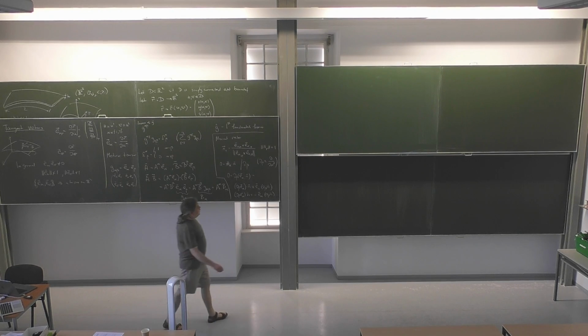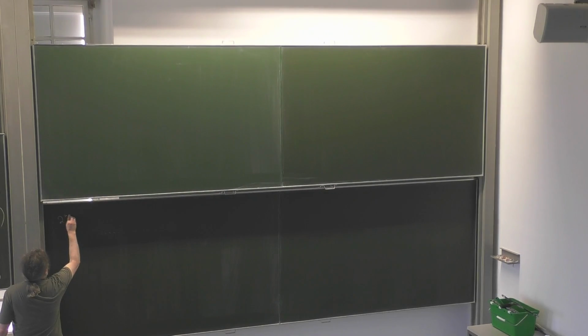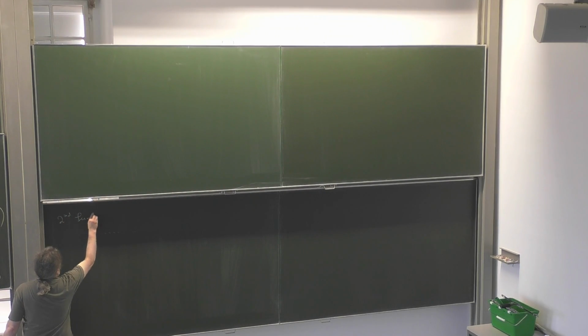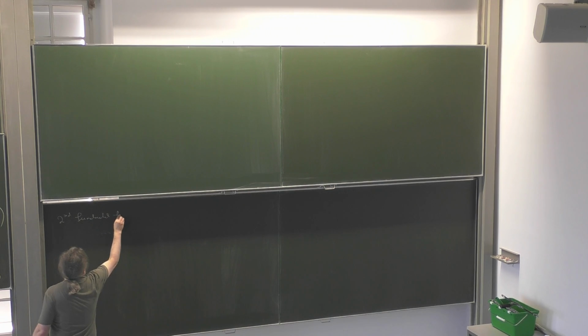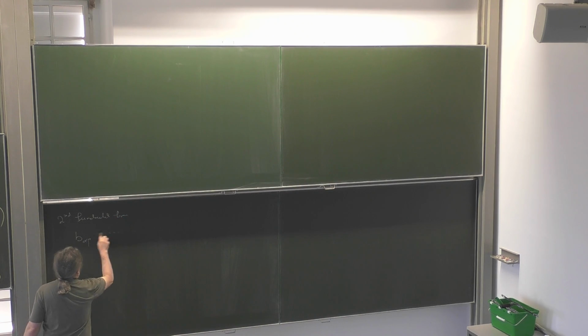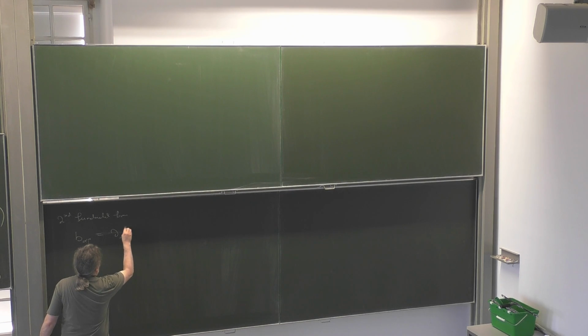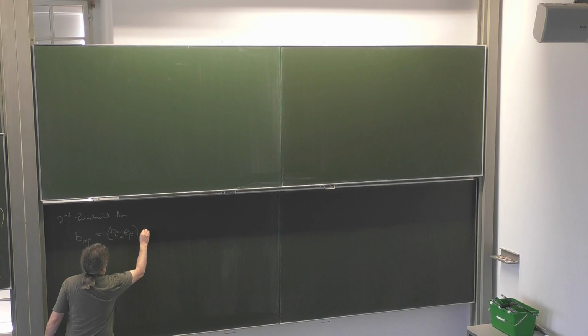So now I'm going to introduce what is called the second fundamental form B alpha beta, which is, now let me just get the signs right. So the convention is d alpha e beta dot n, right?